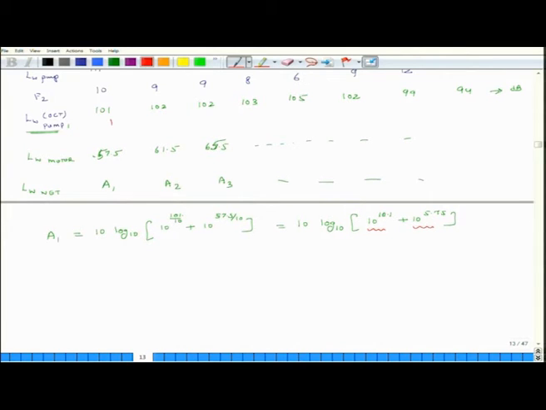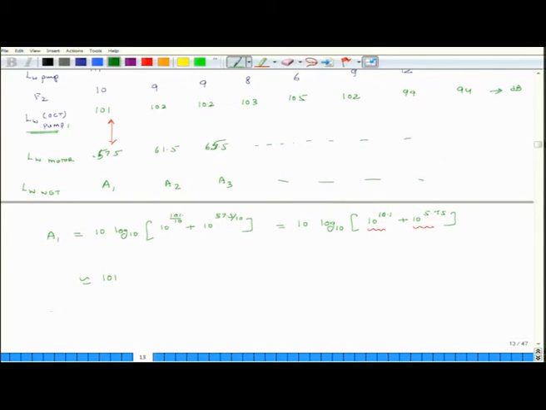So, because the difference between these two is so large, roughly like 40 plus decibels, when I do add up the powers, it does not make a whole lot of difference. So, it is approximately equal to 101 decibels. Okay. So, approximately, I mean, it will be changing maybe at second place of decimal or something like that.